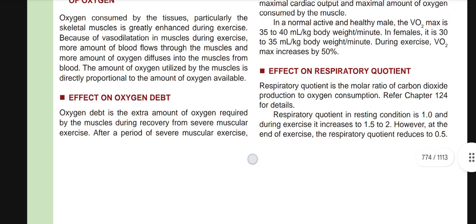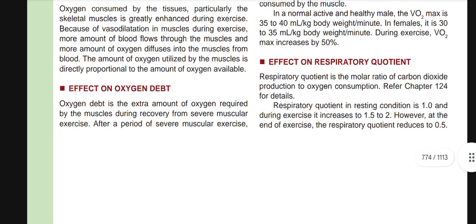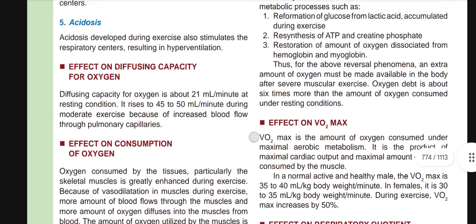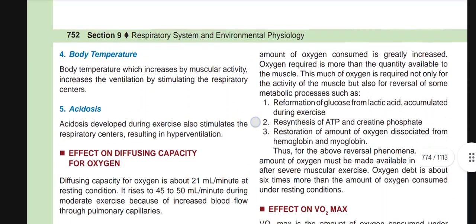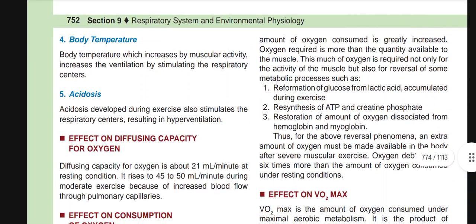Now, effect on oxygen debt. Oxygen debt is an extra amount of oxygen required by muscles during recovery from severe muscular exercise. After a period of severe muscular exercise, the amount of oxygen consumed is greatly increased, and oxygen required is more than the quantity available to the muscle.